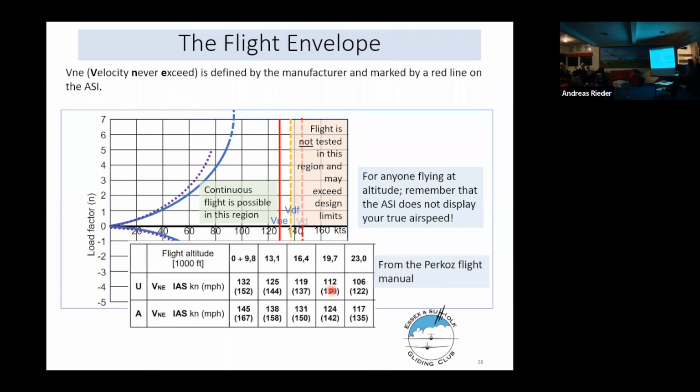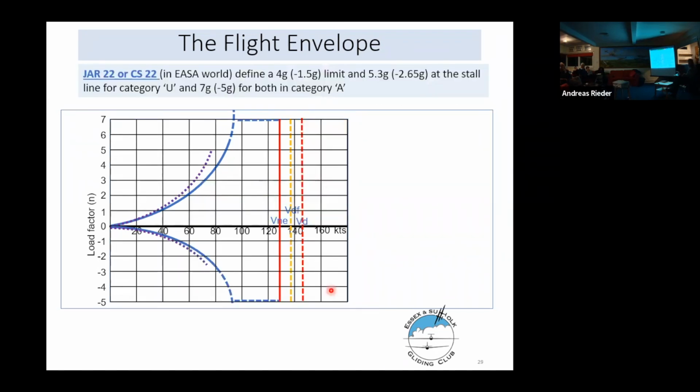Right, moving on again. The next part of the flight envelope is defined by JAR 22 or CS 22, and it is the limits of 4G, 5.3G at the stall line for category U. These limits are where you could exceed the load limits of your aircraft.